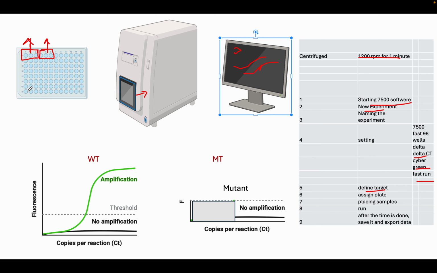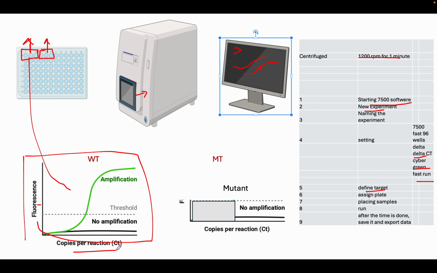So theoretically, I am expecting that in these 3 wells, I will get this type of graph, where the fluorescence and copies per reaction, which is also called the CT value, will give me this type of graph, which means that my gene of interest, the thyroglobulin gene, is amplifying here.